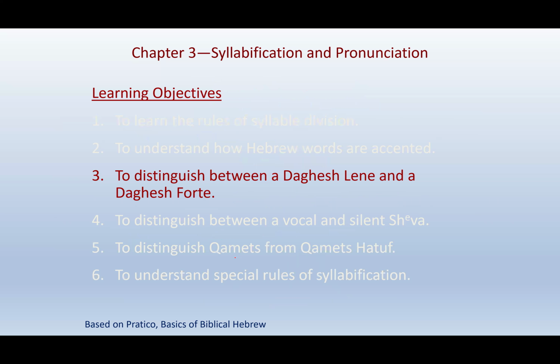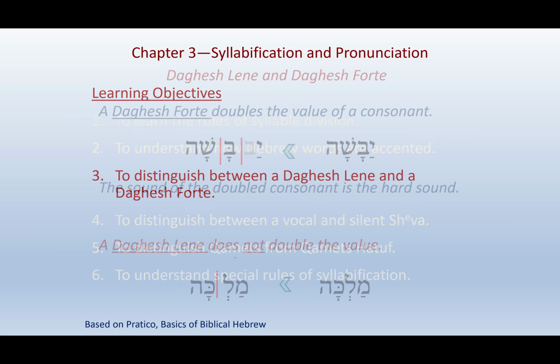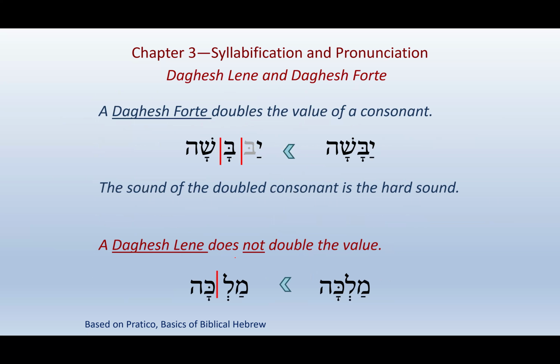All right, now to distinguish a Dagesh Lene from a Dagesh Forte. To review what we talked about last week, the Dagesh Forte, the strong Dagesh, doubles the value of a consonant, whereas the Dagesh Lene does not double. It just tells you which pronunciation to use. Is it a B sound or a V sound for the bet?